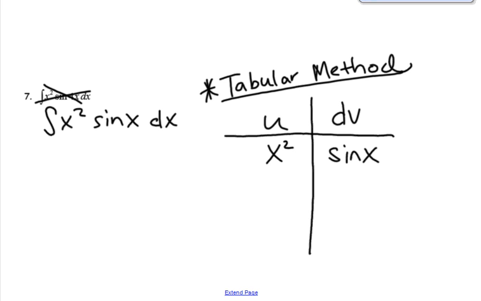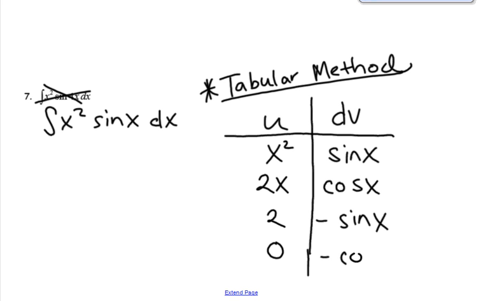The u is x squared, so the derivative of that would be 2x, then the derivative would be 2, then 0, and that's where you stop. And then you take the integral of the other side until you reach that 0. So sine of x integrates to negative cosine of x, then negative sine of x, and then positive cosine of x. All right? So you have this table here.